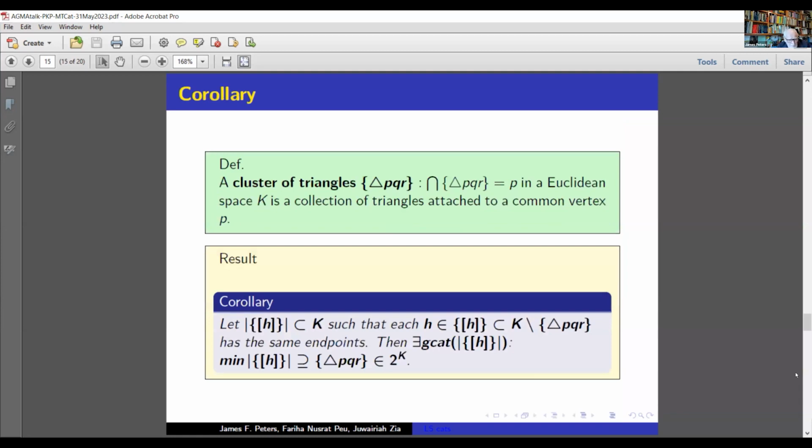And now we have a definition for a cluster of triangles. This definition is motivated by the application, which requires a cluster of triangles instead of just one. And the corollary is that if there exists one of these categories for a geometric realization of a path class, then the minimum of that geometric realization of the path class is a covering for the collection of triangles in the space.